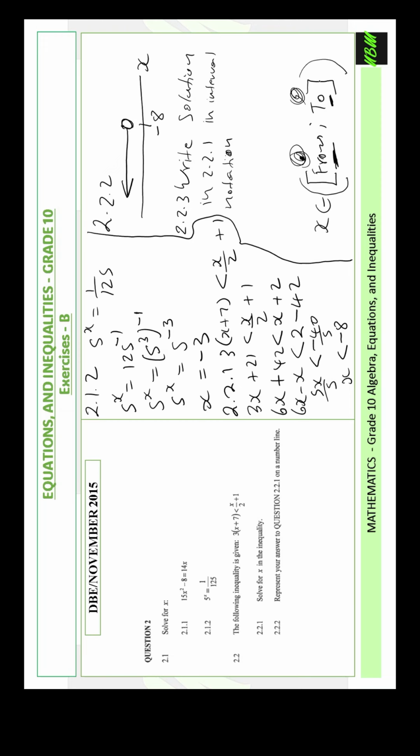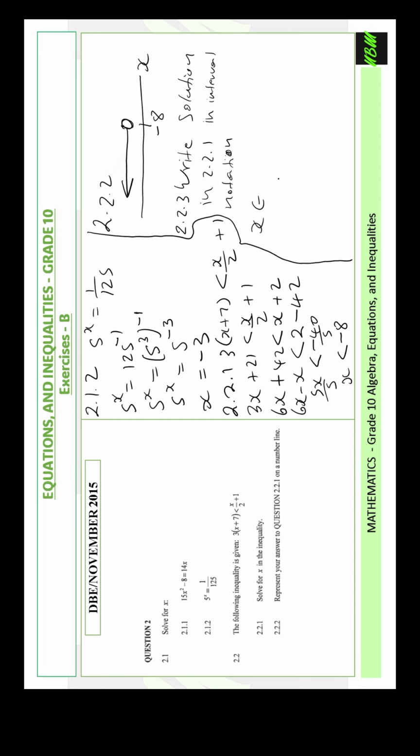Again, closed if the value is included, or open if the value is not included. So let us now write the interval notation for our solution in 2.2.1. In 2.2.1, we are saying x will be less than -8.